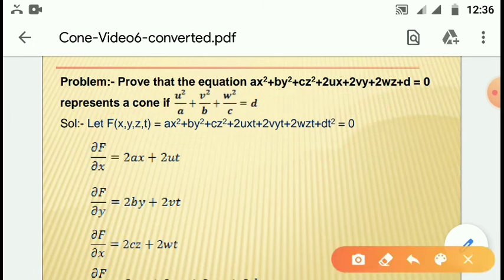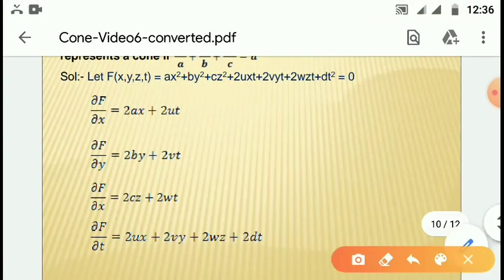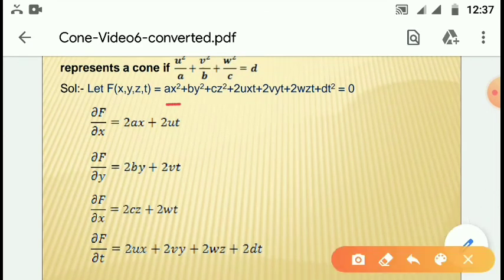So here we introduced a new variable t. With the variable t, all the terms are of degree 2. Therefore, this is a homogeneous equation of degree 2. And then find dou f by dou x, dou f by dou y, dou f by dou z, and dou f by dou t. By differentiating this equation partially with respect to x, we get dou f by dou x is equal to 2ax plus 2ut.